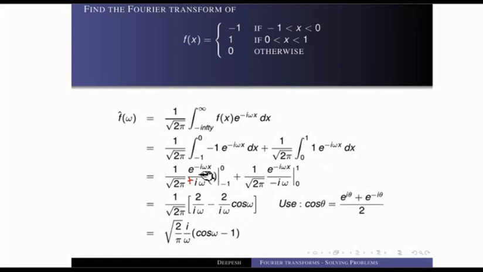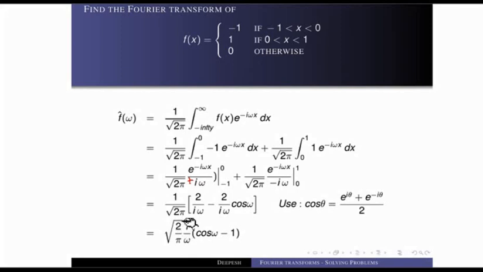And the answer is actually e raised to minus I omega plus e raised to plus I omega also will be there. That too can be clubbed and we get cos omega. So it will become a little simplified, or if you don't want, you can directly answer using the exponential function itself. If you simplify it, this 2 can be taken out and will get cancelled with root 2.